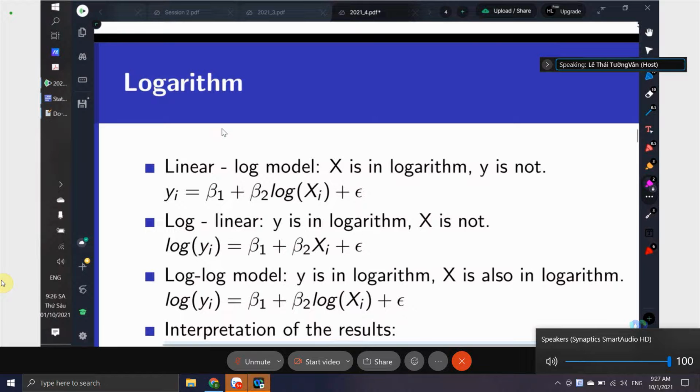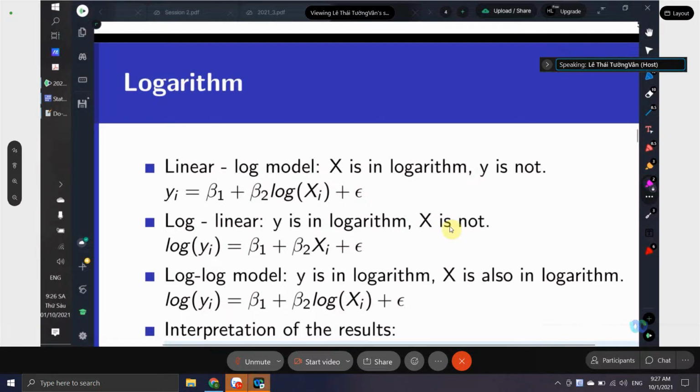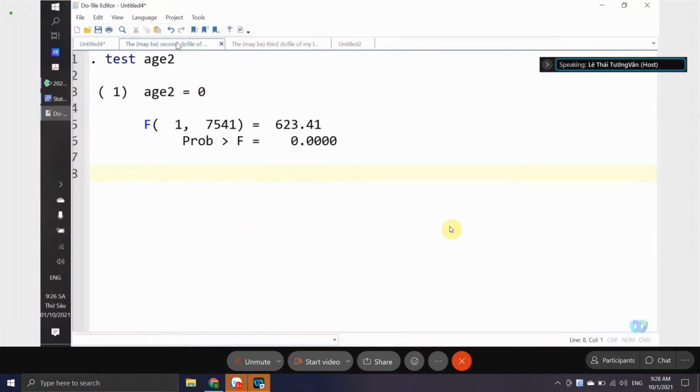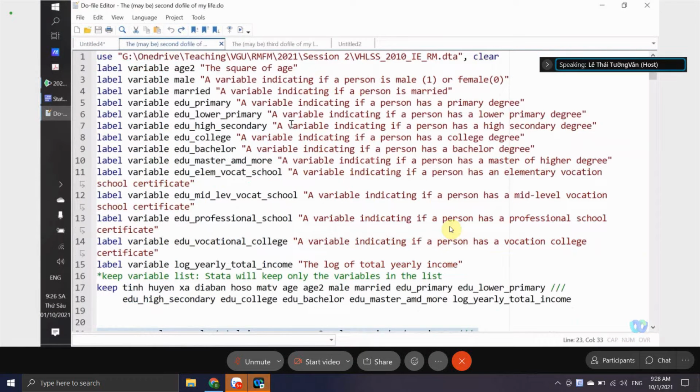You have the log of the expenditure. Talking about the log of expenditure by candidate A, candidate B, and so on, why do we need to take the log? I want to draw your attention to the case here.